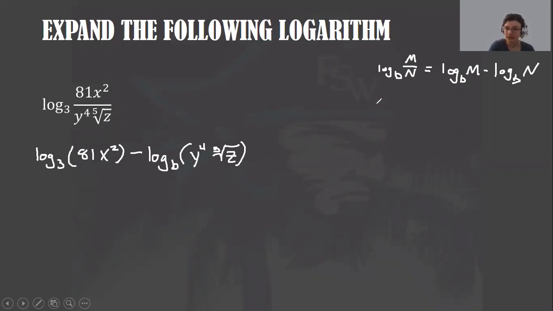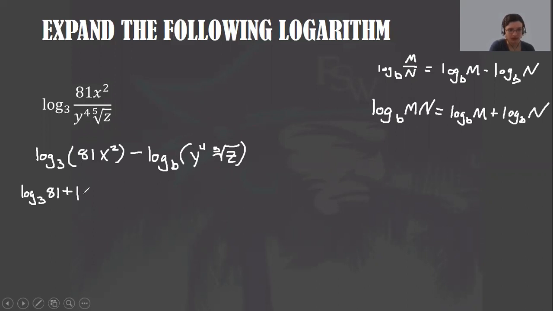The next part I like to do is look to see if there are any products being multiplied together. Because remember, whenever they're being multiplied, we can add the two logs when they're separate. So I'll be doing that here. We have log base 3 of 81 plus log base 3 of x squared minus.